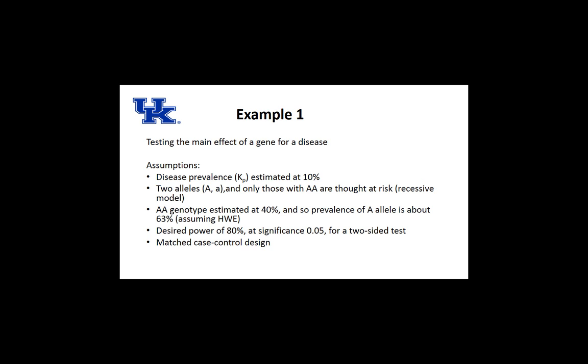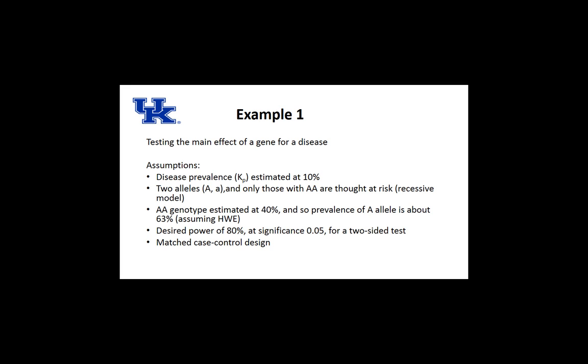Allele frequencies and genotype frequencies remain constant, and one of the results from that is that you can take a genotype frequency and get an allele frequency and go back and forth between the two. So if a genotype frequency is 40%, then we can infer that the probability of an A allele is 63%. 63% squared is 40%.